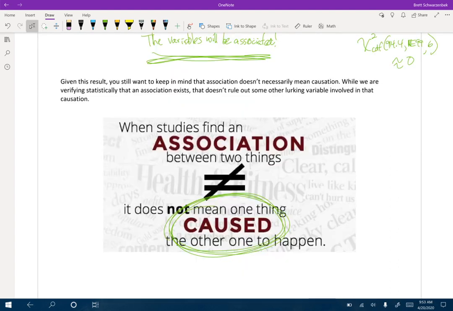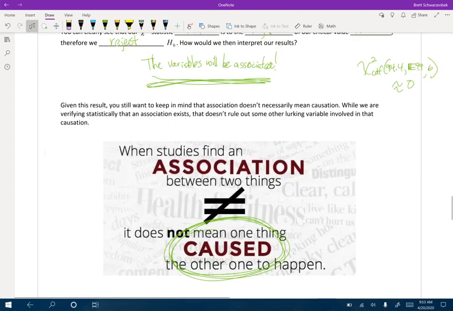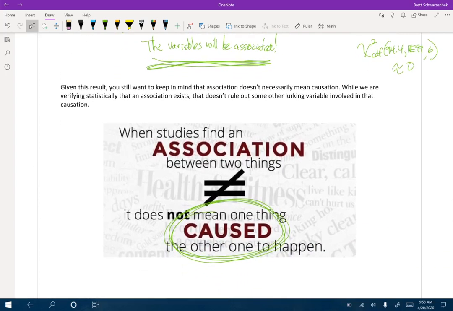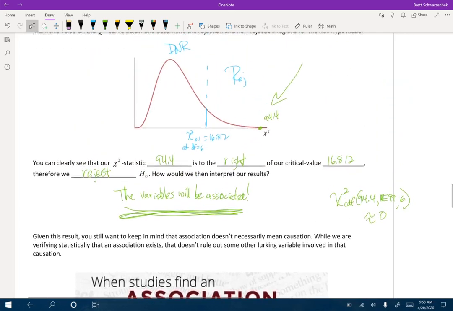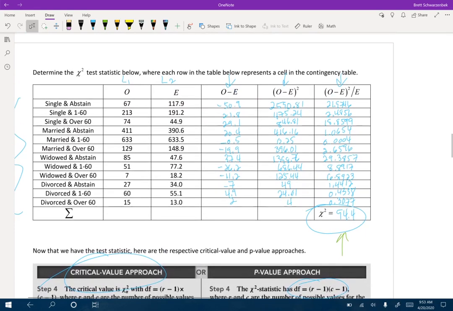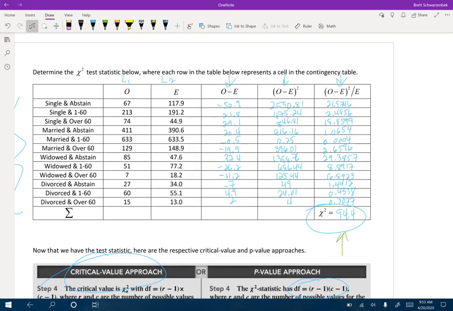Okay, so now that we've gone through this test, I'm just going to be honest with you here. The reality is that when you're doing a goodness of fit or an independence chi-square test, this is craziness. Can you imagine having to do this on, let's say, a live exam where you're in class? It's not fun. And yes, you'll be home doing this in this remote setting, but just generally, it is not fun.